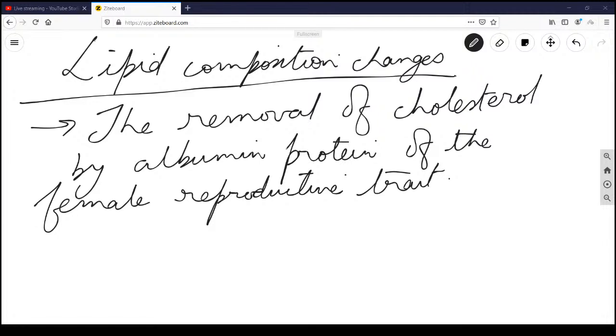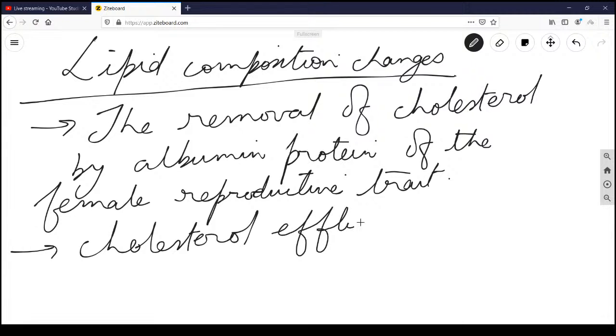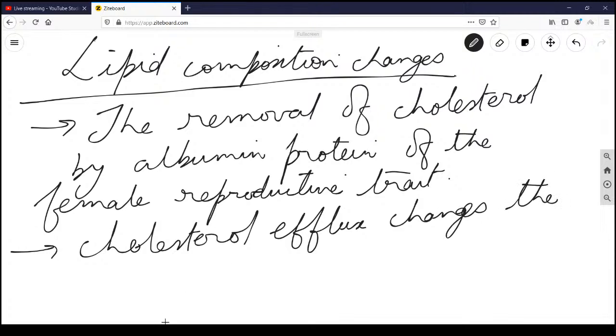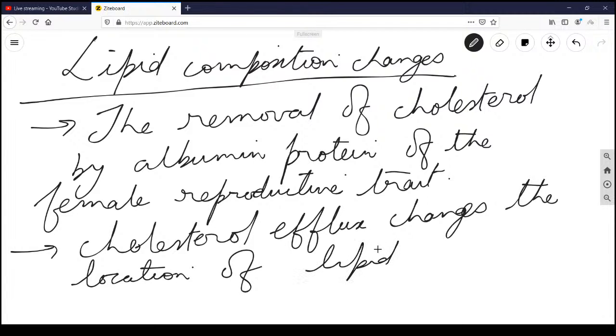So cholesterol efflux changes the location of the lipid rafts. And if you are thinking what lipid rafts are, I'll revise it for you.